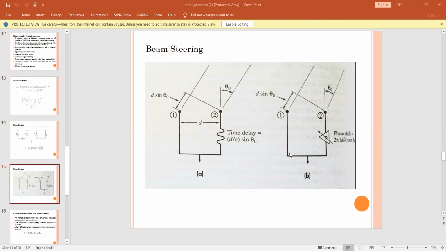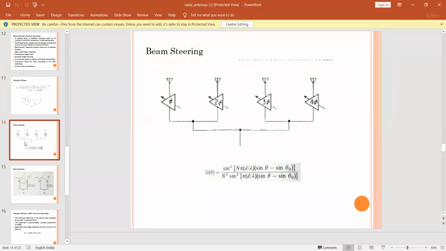Okay, another important consideration is beam steering. So this is the equation which was seen just now.